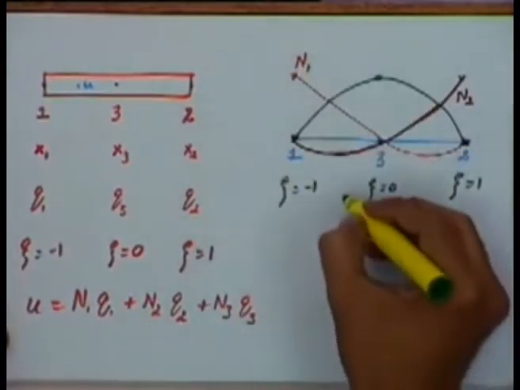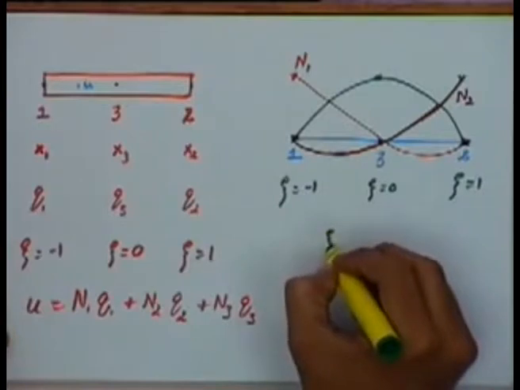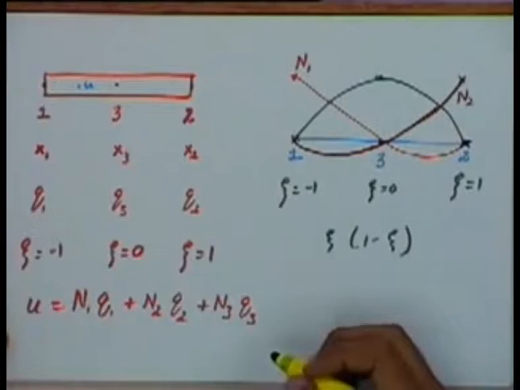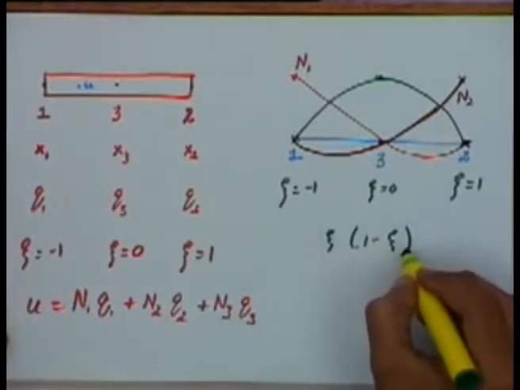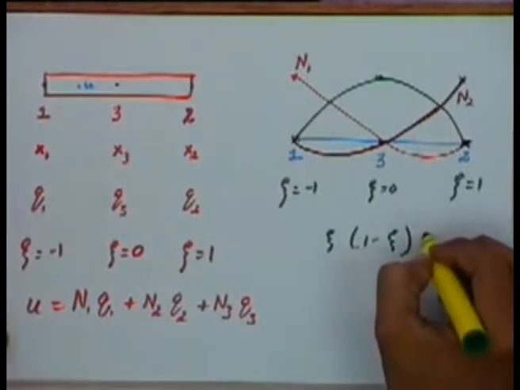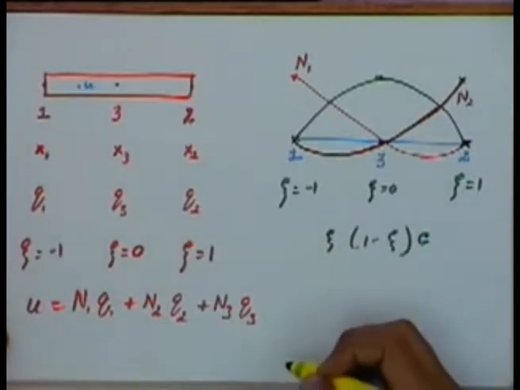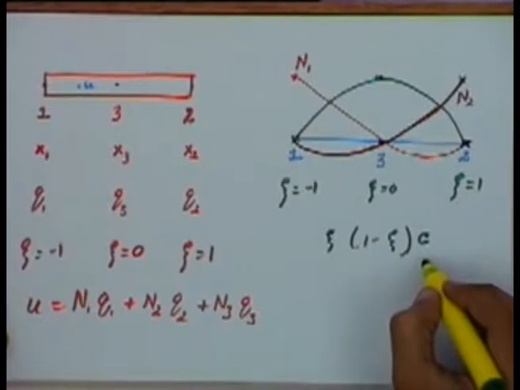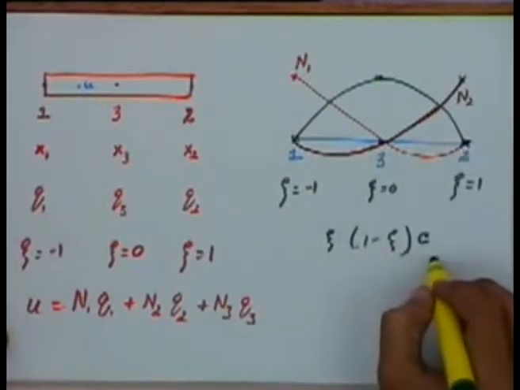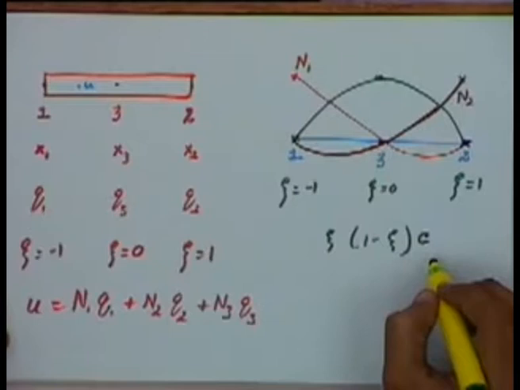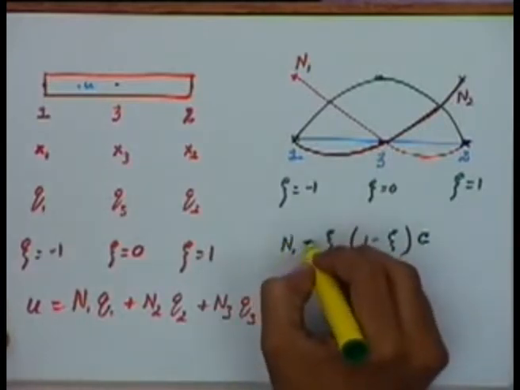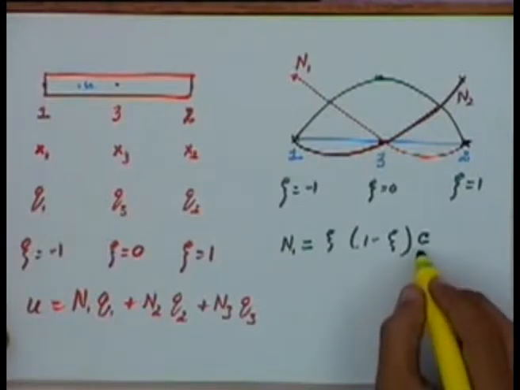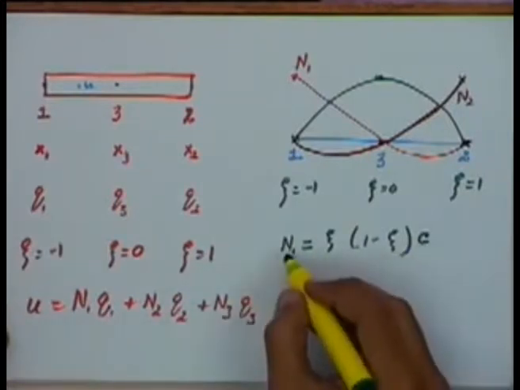So n1 would have a term of zeta and 1 minus zeta in it. If it is zeta into 1 minus zeta multiplied by some constant c, then at zeta equal to 0 this whole term will be 0, and at zeta equal to 1 also this whole term will be 0. So we will say n1 will be equal to this, where c is a constant, and this gives us a quadratic function for n1.